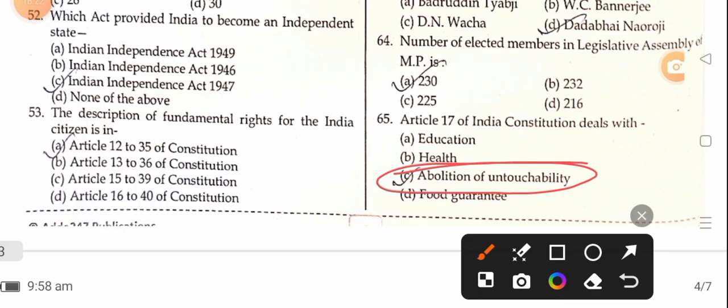The description of fundamental rights in the Indian Constitution is in Articles 12 to 35. Option A is the right one.